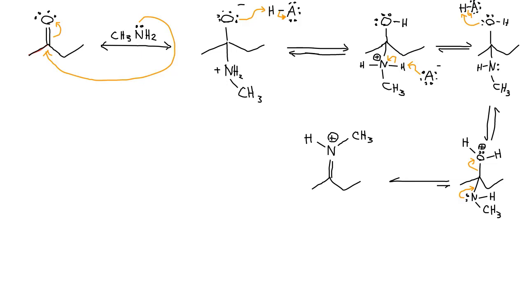So now the next step is that A minus conjugate base, basically the amine, the CH3NH2, which is probably what that A is going to be representing here. That's going to come in and rip off that hydrogen and put those electrons back on that nitrogen.